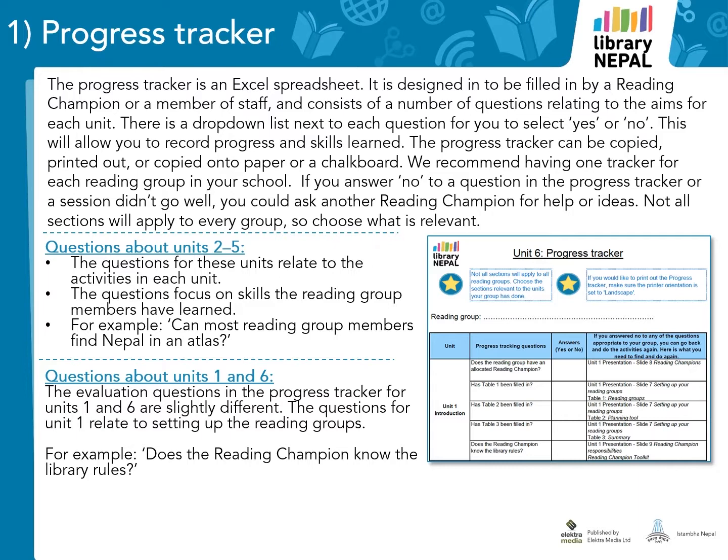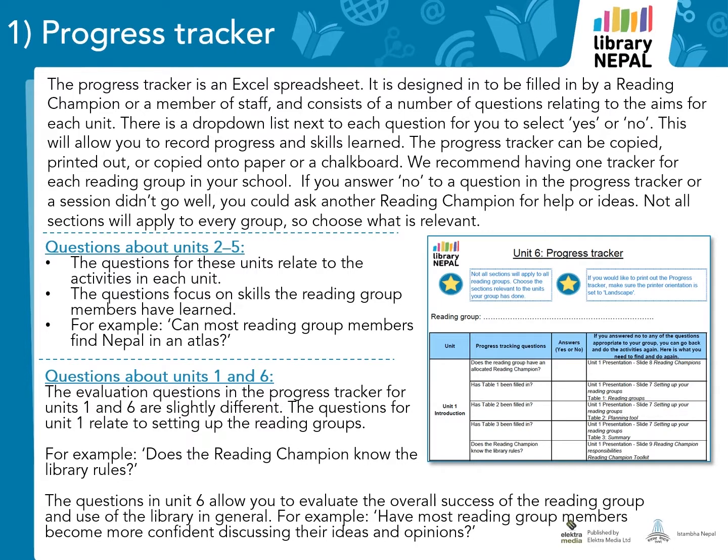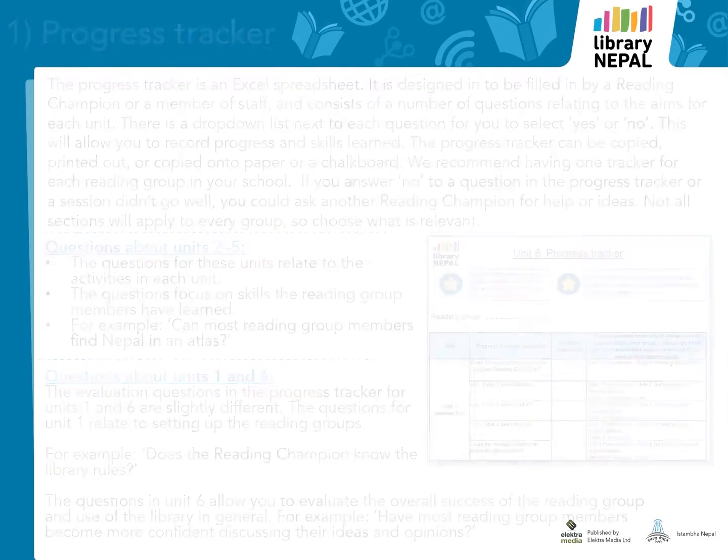An example question is: does the reading champion know the library rules? The questions in Unit 6 allow you to evaluate the overall success of the reading group and use of the library in general. An example question is: have most reading group members become more confident discussing their ideas and opinions?